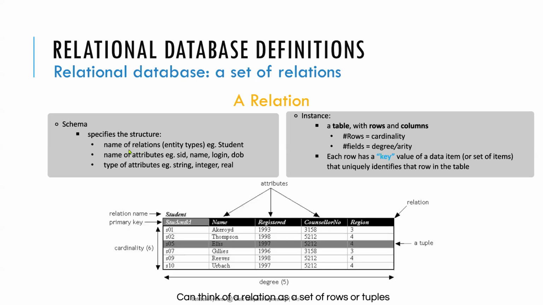For example, the name of the relations would be within the schema, name of the attributes. For example, in here you see student ID, you see name, whatsoever here. And then you can say the type of the attributes as like string, integer, real. So these examples are whatever we talk about in the schema.